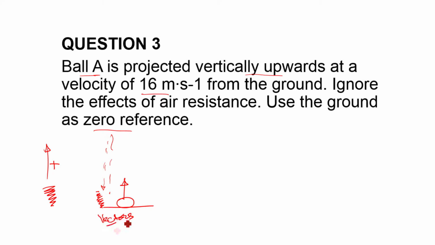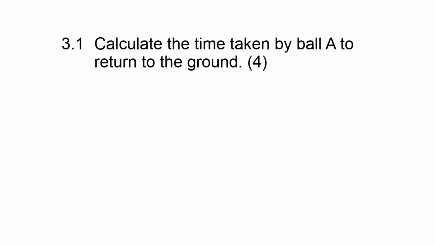If you're working with vectors, you've got to know what is minus and what is plus, what is the positive direction, what's negative. So there is ball A, and it goes upwards. As I've decided on my convention now, it is plus 16 meters per second as its initial velocity. We say the ground is the zero reference point.